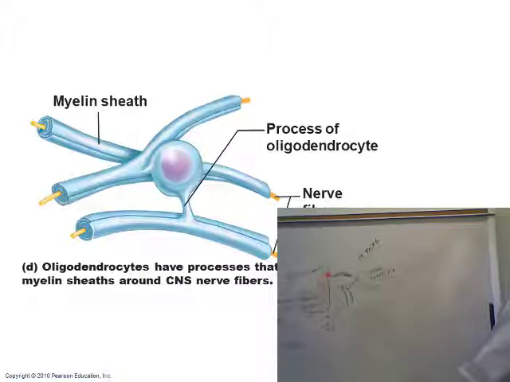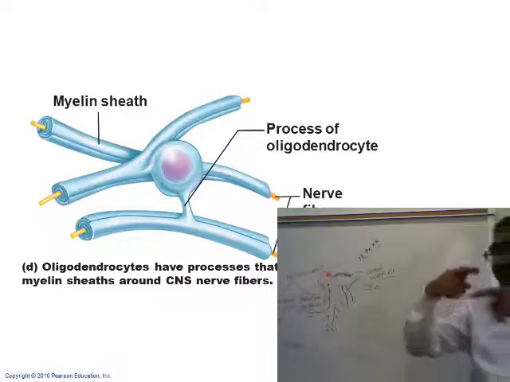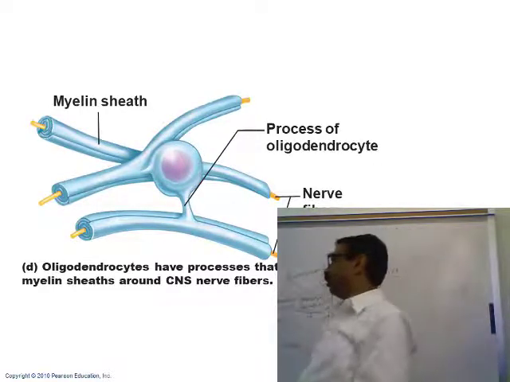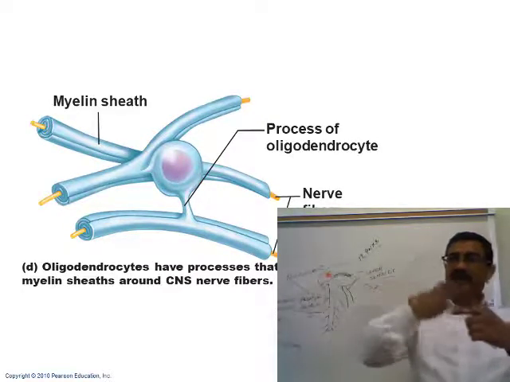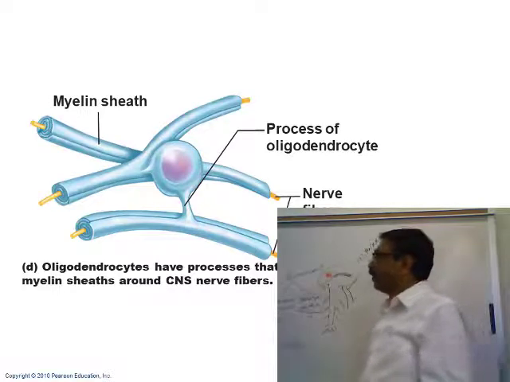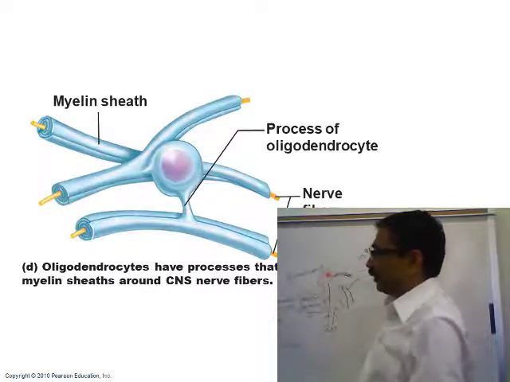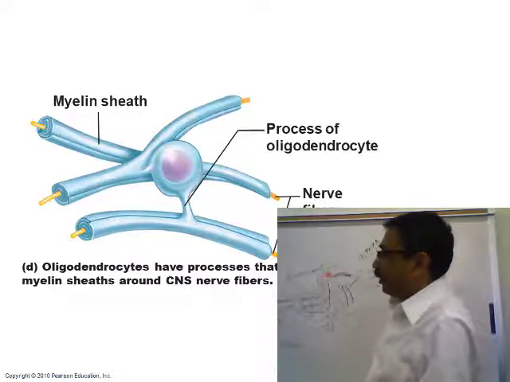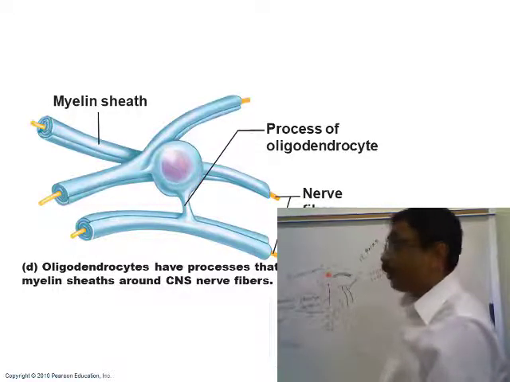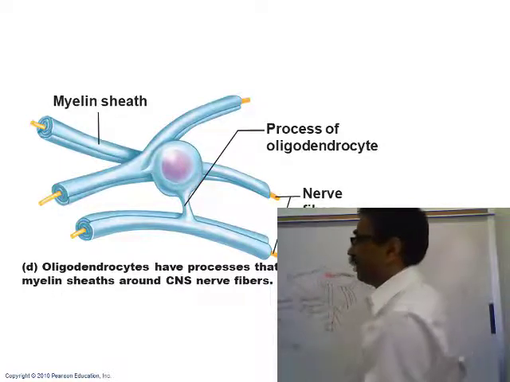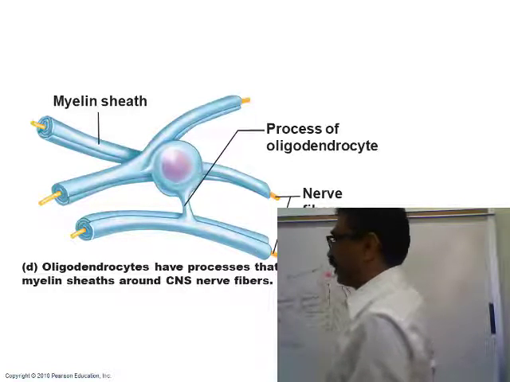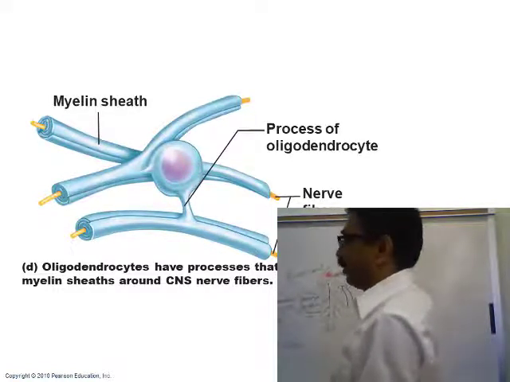from the cell body you see the processes come out and they form the sheet around the nerve fibers, and sometimes they form many layers, and that kind of insulation by oligodendrocytes is given around the nerves in the central nervous system, that means in the brain and the spinal cord, not in peripheral nervous system.